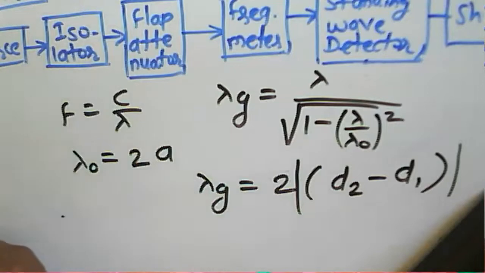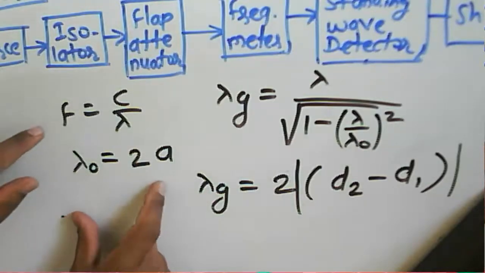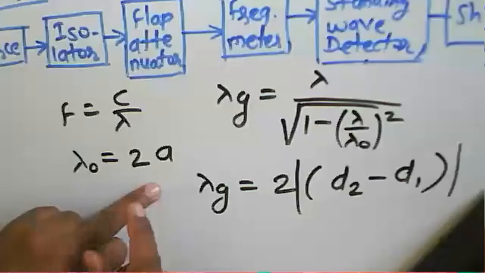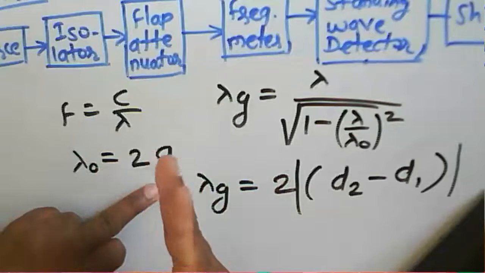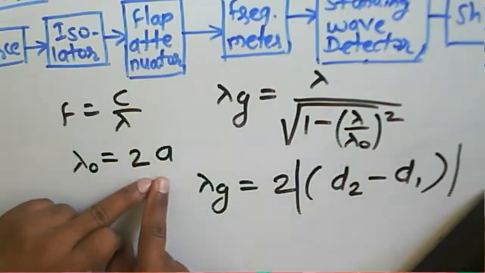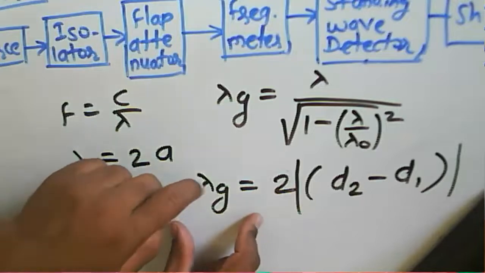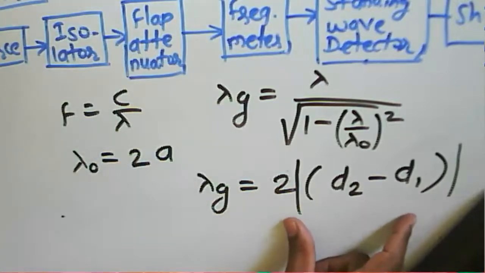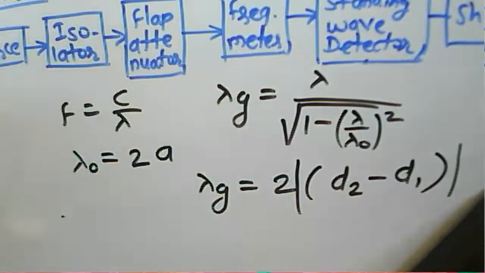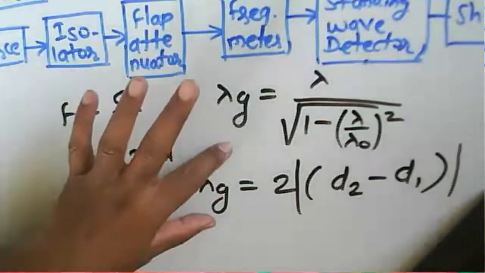The dominant mode means the TE10 mode. In the dominant mode, the cutoff wavelength is equal to twice a, where a is the inner distance between the two side walls. So lambda 0 is equal to 2a. And lambda g is equal to twice the distance between the two minima, D1 and D2, so we get the guide value.